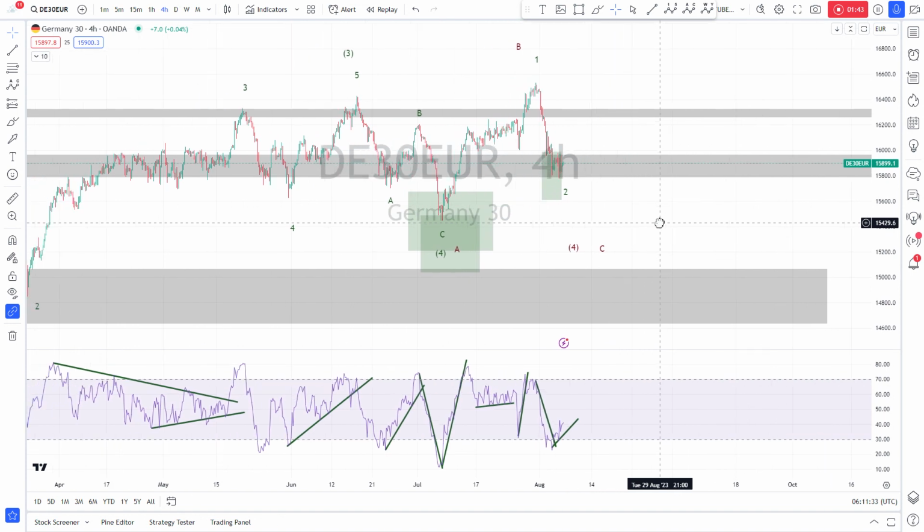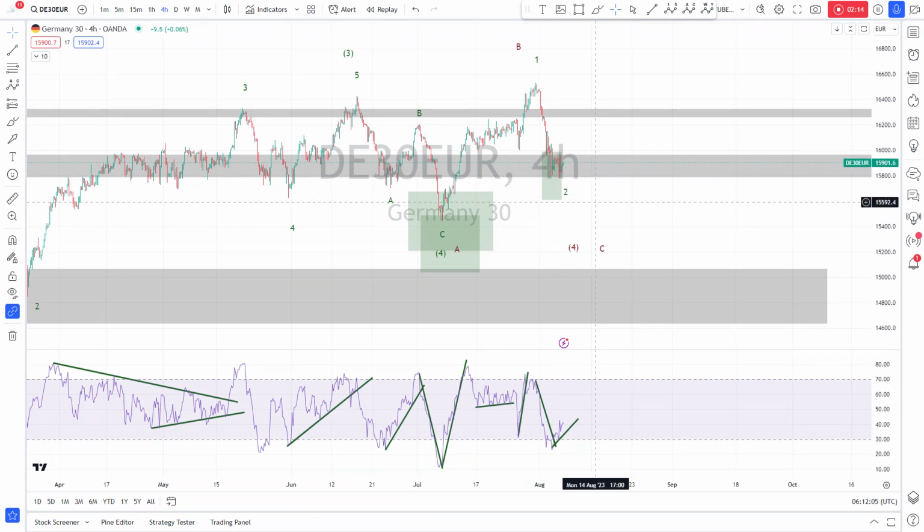What we can see here is already some upwards momentum, and that's interesting because usually price goes where momentum goes, but of course that does not mean that wave 3 will start here. It can also be that we just have a temporary push up and then go further down again.